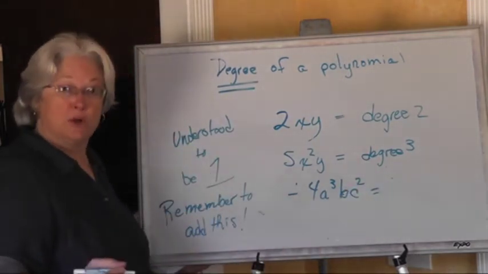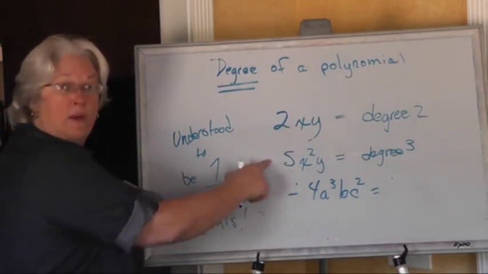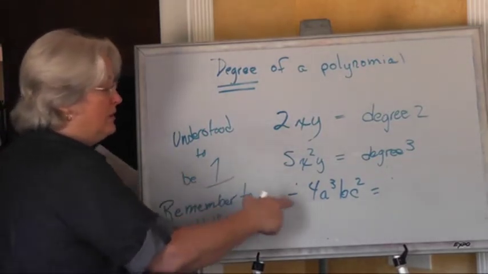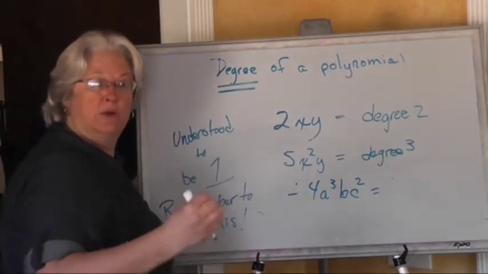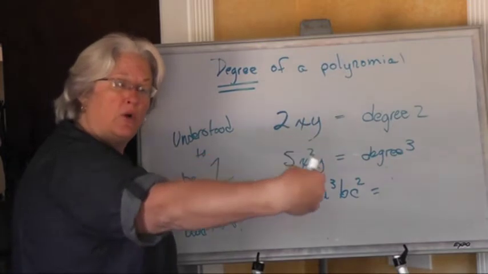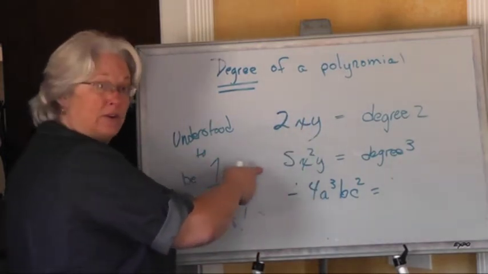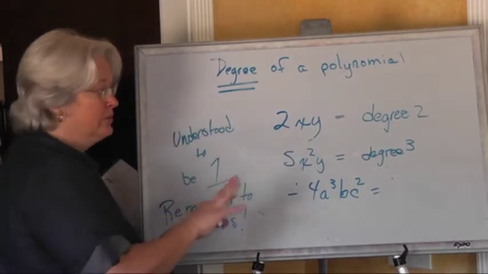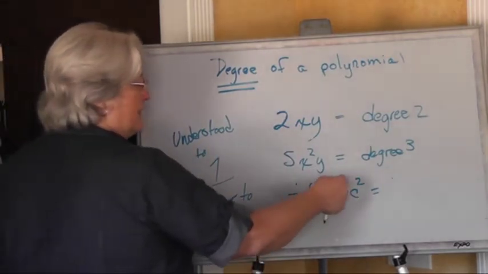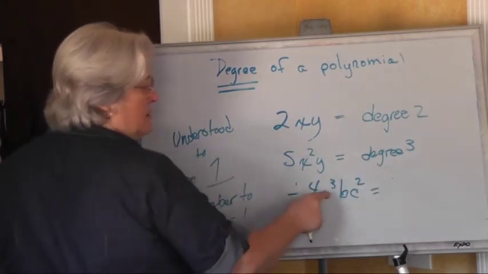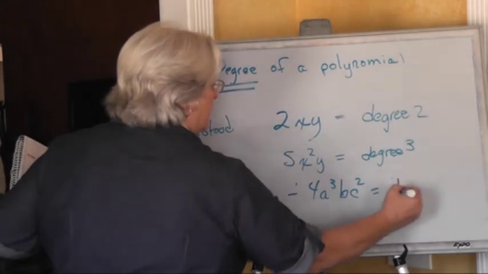What's the degree of this going to be? Well, it doesn't matter if you have a positive coefficient or a negative coefficient, because we're not worrying about the coefficients. We're not worrying about the numbers that are factors. This is a factor of -4, a factor of 5, and a factor of 2. We're not worrying about those at all. We're only going to sum the exponents on the variable. So is it 3 plus 2, which would make it degree 5?